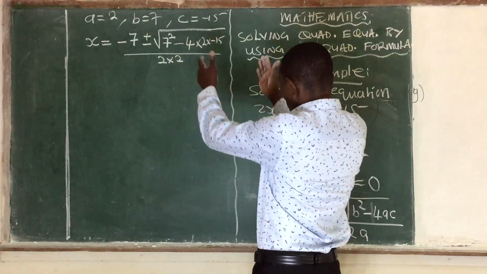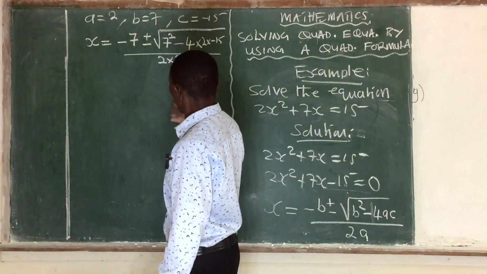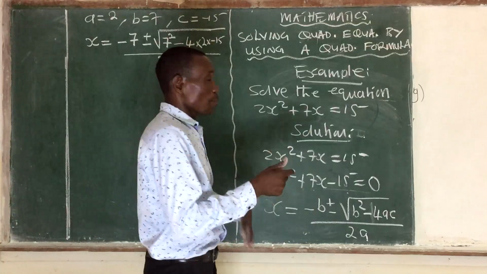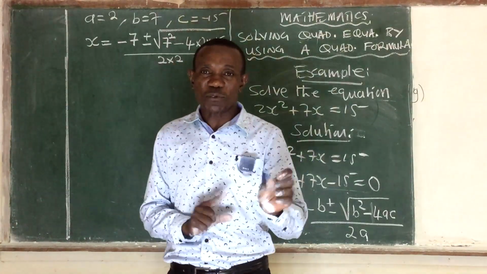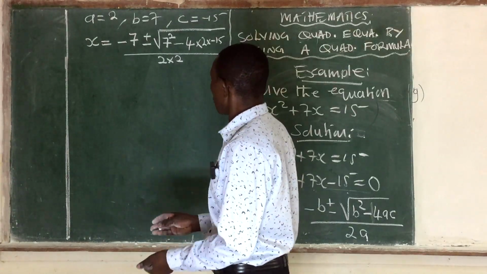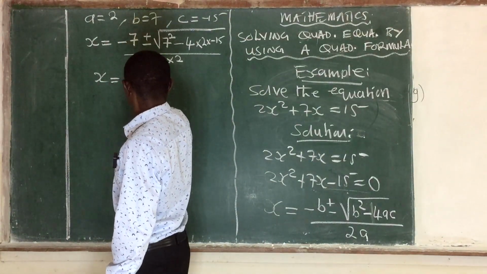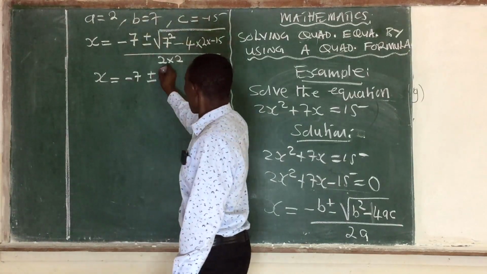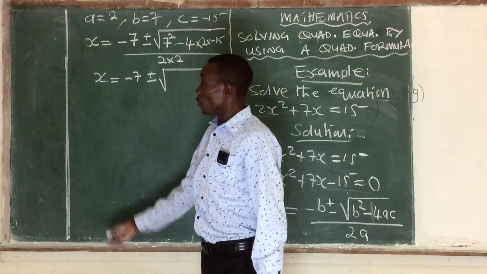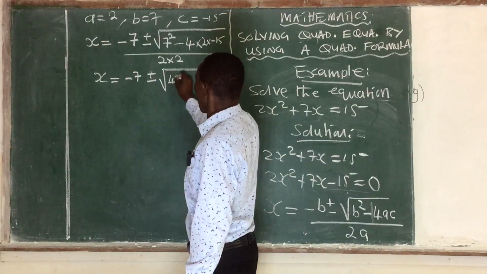Right. So once we have done this, students, I think at that particular instance, you find the rest of the story is just about the calculations using a calculator. It's just a simplification. So here we go. We have a situation which goes like, here's a negative 7, then here plus, minus, and you go on there in the root. You have 7 squared. You get that one as 49.